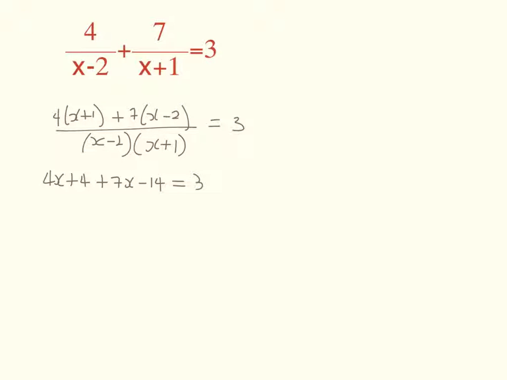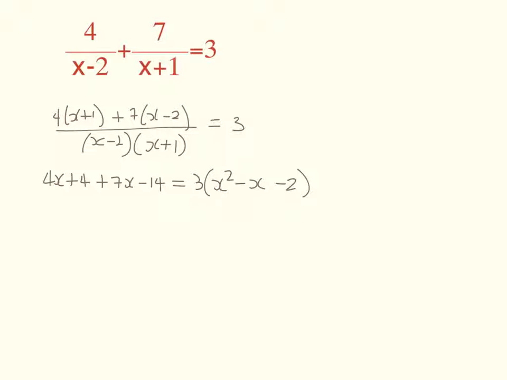So 3 into x squared minus x minus 2 is what we're going to get for that. Then once we've got that, we'll expand the brackets and bring everything to one side.